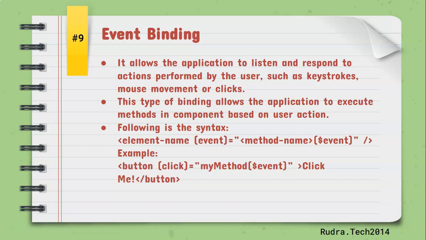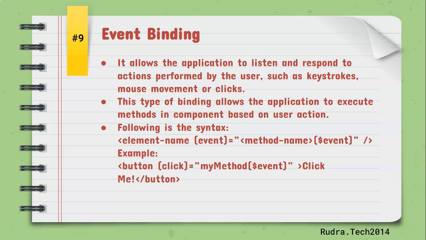Now on the screen, when we are presenting the UI to the user, he is going to perform multiple actions, like entering some inputs into the form, clicking a button, or going over an area of the UI where he can perform different actions to which we can respond back.